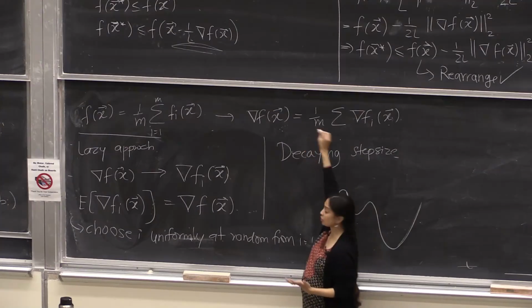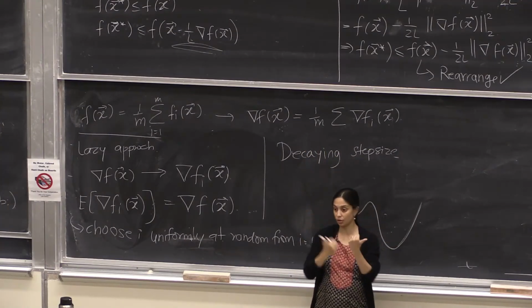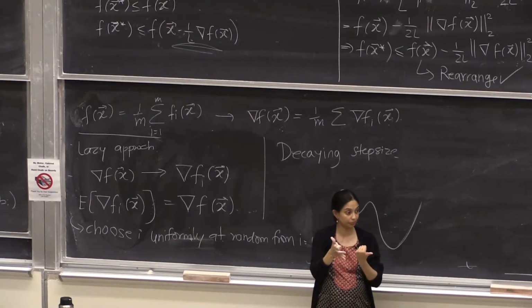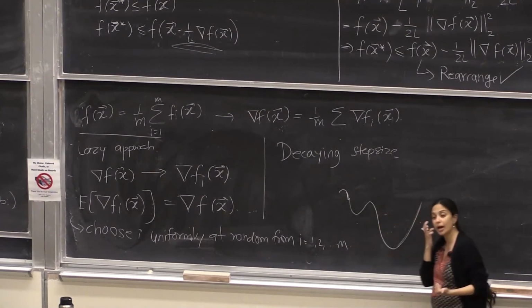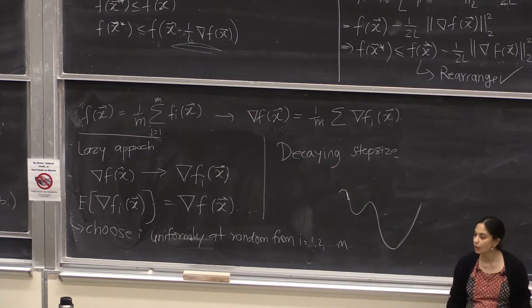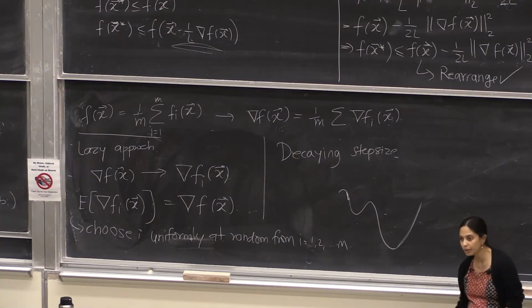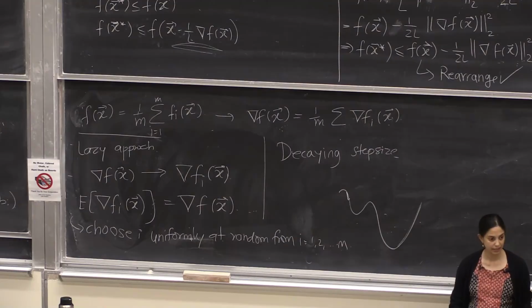On average you're going in the right direction, but sometimes you're going this way and sometimes that way, even though your average direction is this way. That's why stochastic gradient descent is useful for getting you out of local minima type situations, okay? And then there are lots of different variations that build on top of this. We'll talk a little more about this in the next class, but I'll stop here.